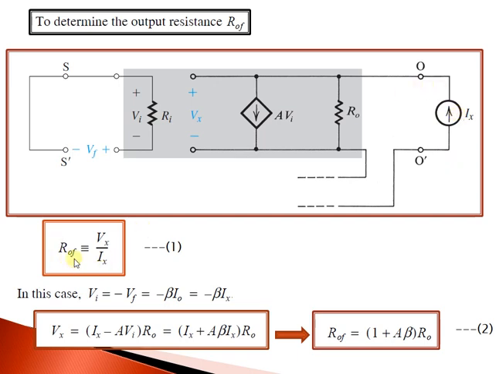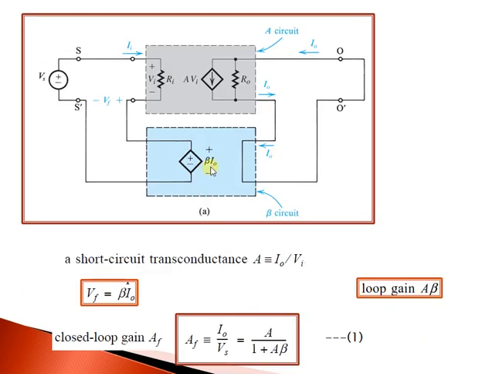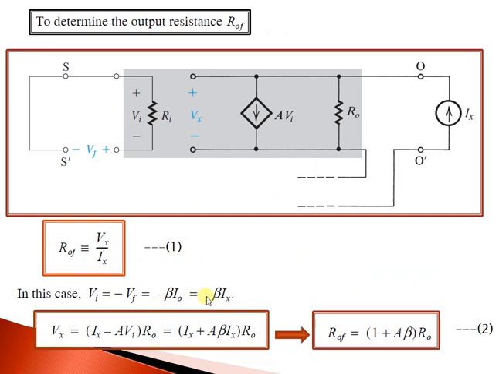To compute the output resistance with feedback, we have Vx divided by Ix, denoted as equation number 1. In this case Vi is equal to minus Vf, which is equal to minus beta times I0, that is minus beta times Ix, because the output current has been replaced by Ix.